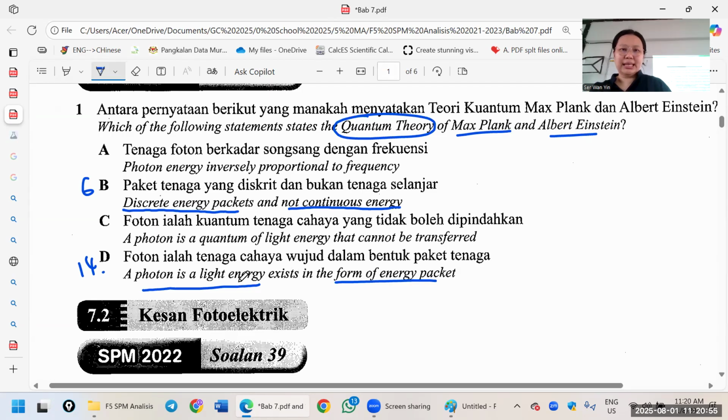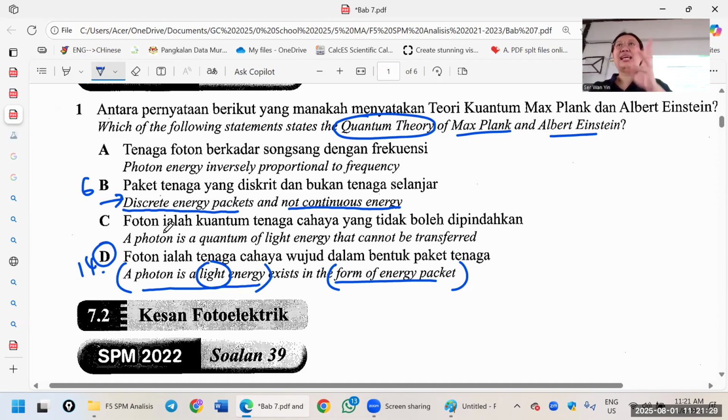I read again, and I think D is more correct, because they talk about photon being light energy, in the form of energy packets. B just says discrete energy packet, but they don't talk about light. So I think D is more correct.